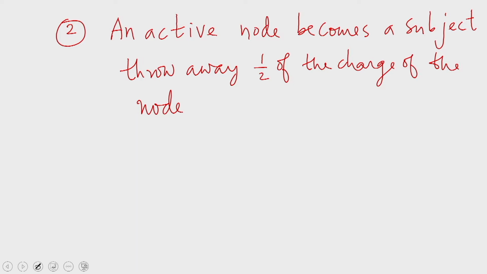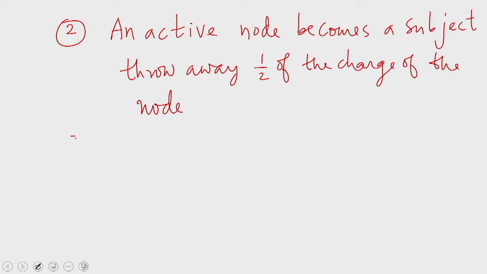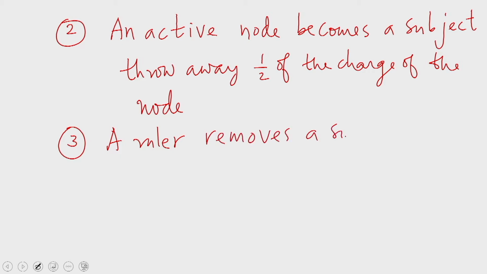We throw away half of the charge of the node. This is the second kind of charge removal that we have, and then there is one more kind. A ruler removes a subject. At this point, we throw away the charge on the subject.